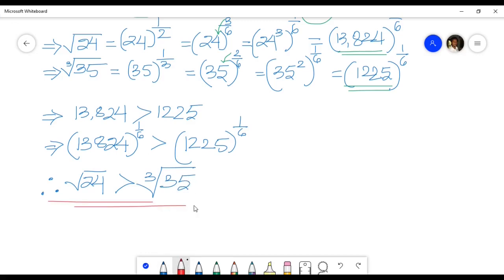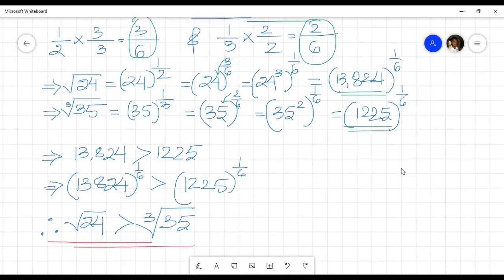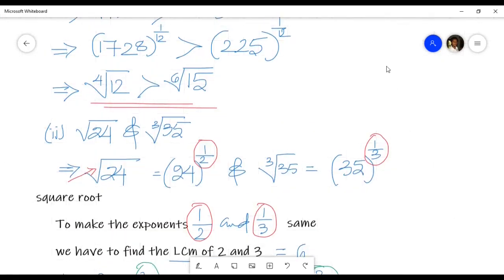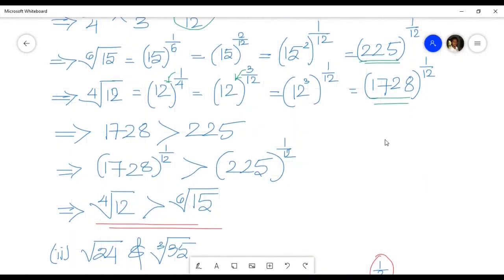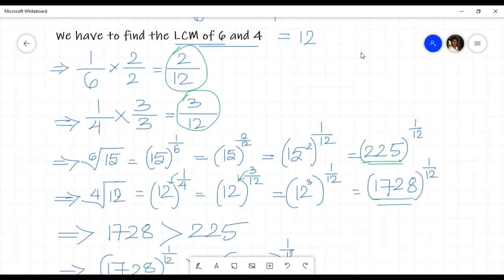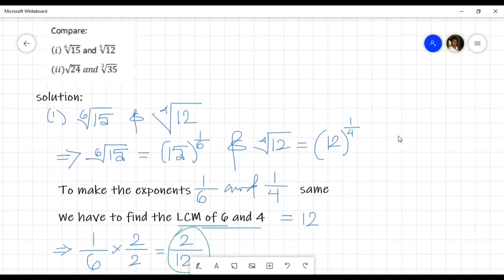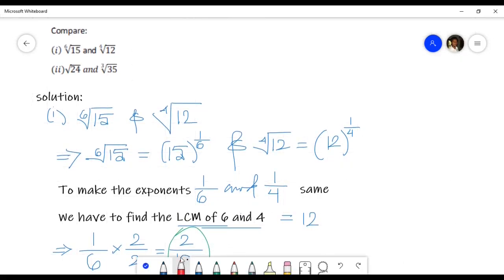It's quite simple, right, to do it. You can just go back again and practice it, because it's very important to know how to convert radical values to fractional exponent. It's very important to understand how to convert roots to fractional exponent.